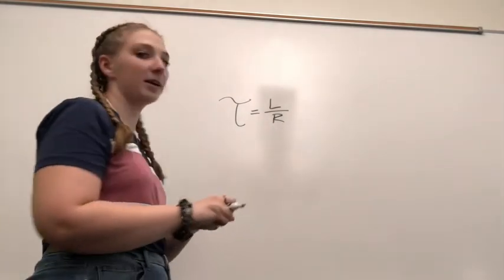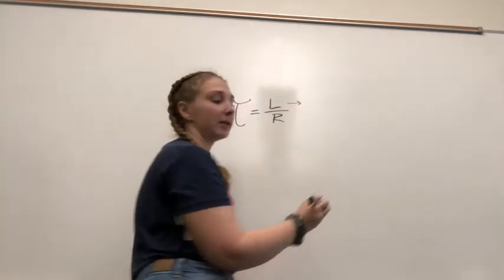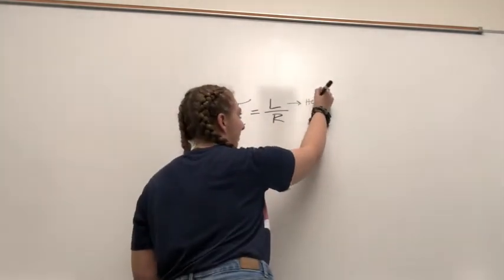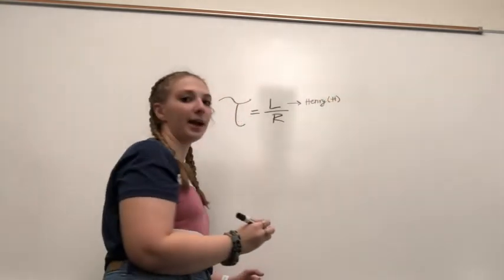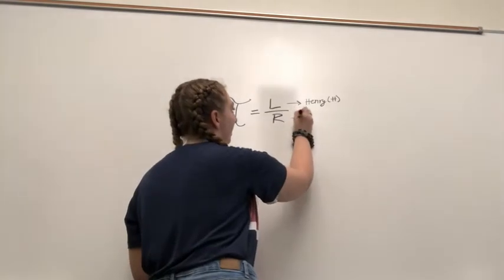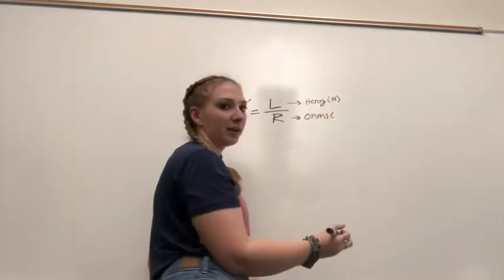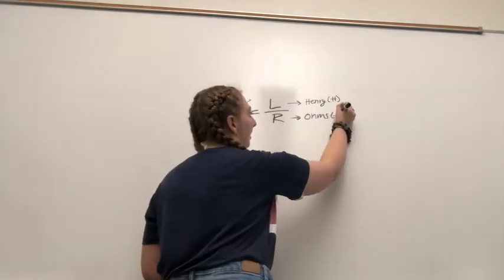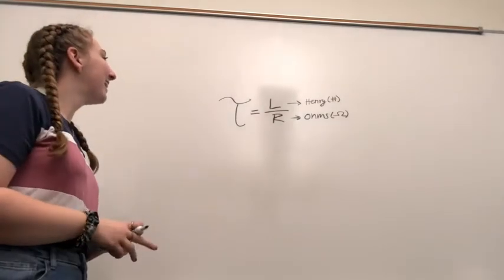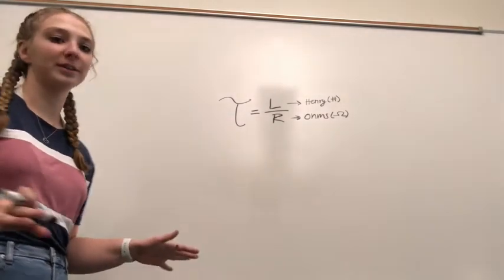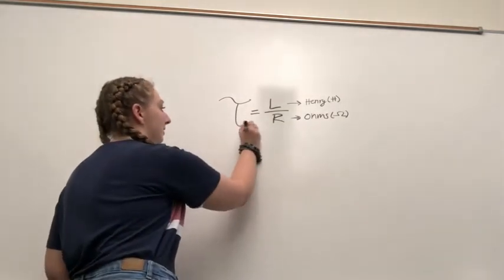The inductance has a unit of Henry, abbreviated with a capital H, and our resistance has a unit of ohms, with the symbol being the Greek letter omega. Overall this is your time constant, and so it is measured in seconds.